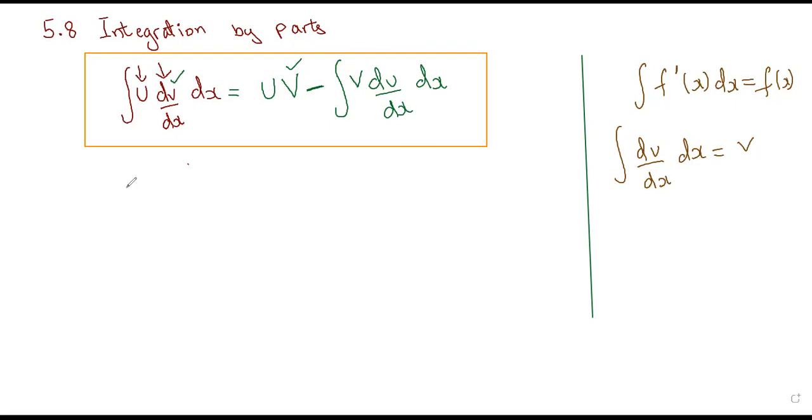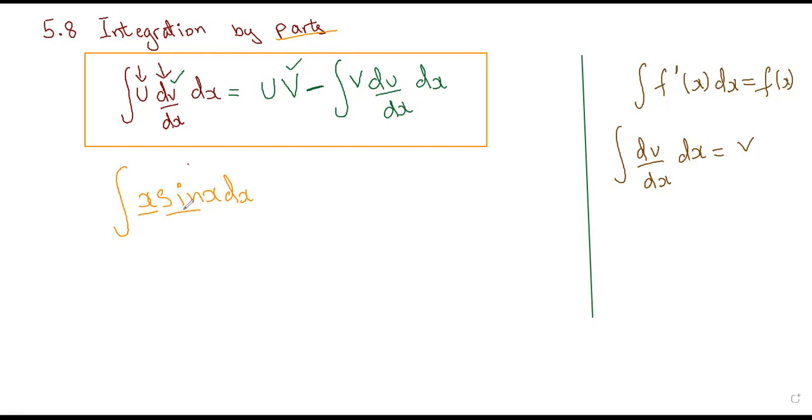Let's say you have been asked to integrate x into sin x dx. And you will do it by parts. I mean, you can do it by parts as well. Now, if you are doing it by parts, x and sin x are two functions. So here you can see in your example, it has nothing to do with any derivative or stuff like that.